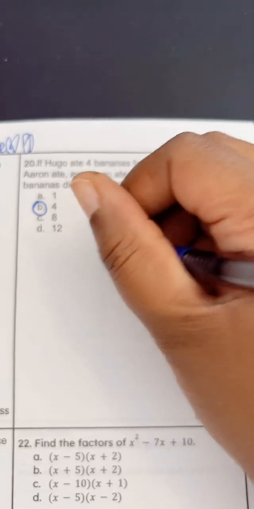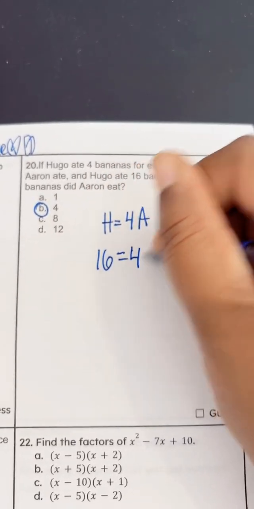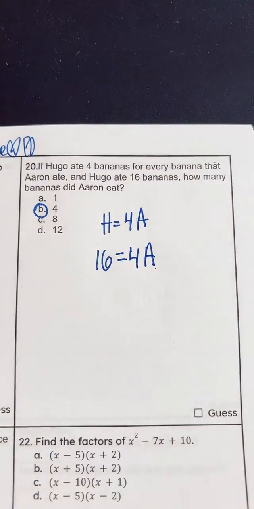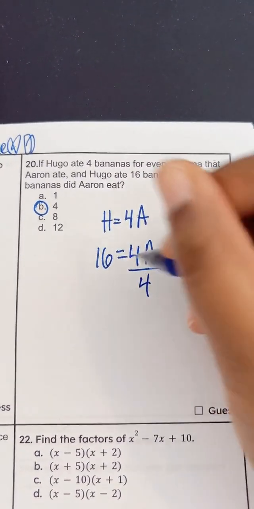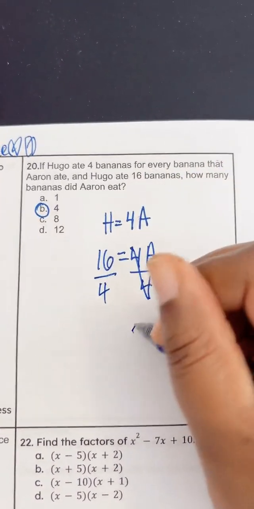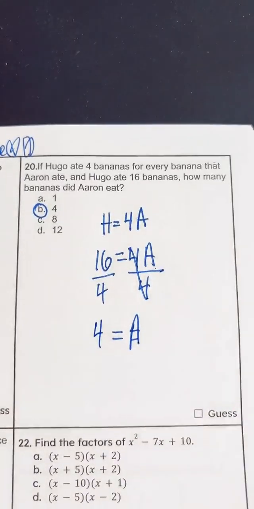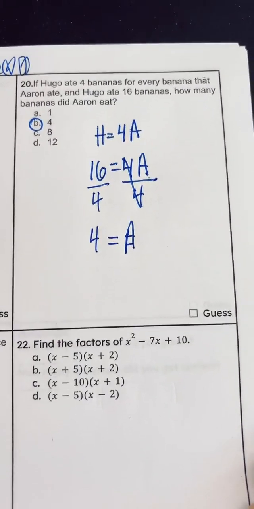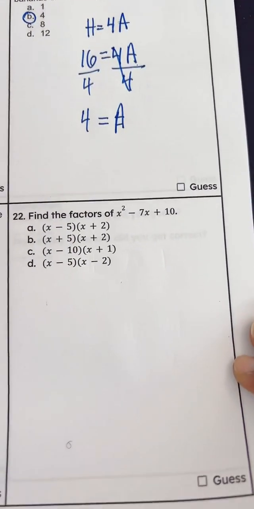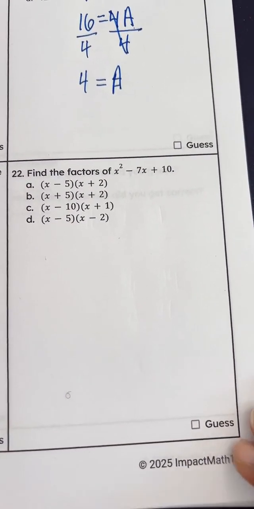And it told us that Hugo ate 16. So in order for us to find how many Aaron ate, that's the equation they did, and Aaron would equal 4. Okay? So wonderful. Good. All right, let's go to 22.